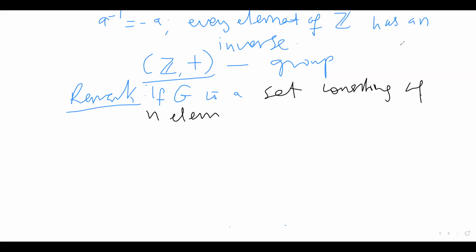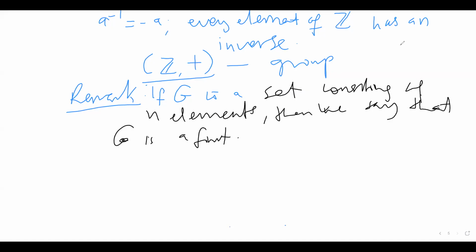If you have n elements, then we say that G is a finite group, and it has the operation also.